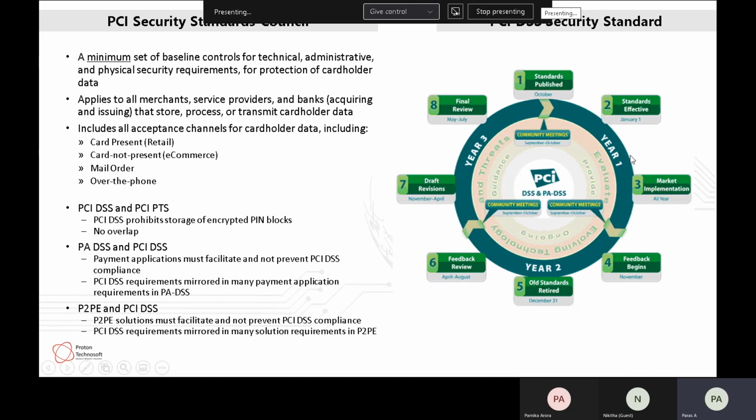Then the entire year goes in the implementation. So any audit that happens in that year 1 can happen on the last year standard as well. So let's say this 2021 October, a new standard of PCI, let's say PCI version 4 comes out, then I am still okay to do an implementation of version 4 in 2022.